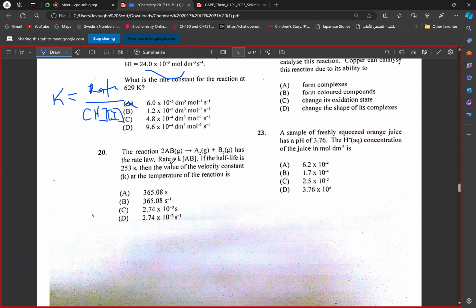If the half life is that, what is the velocity constant? This was in 2015, I think. Let's see. All right, what is the working for it since we seem to be somewhat stuck?